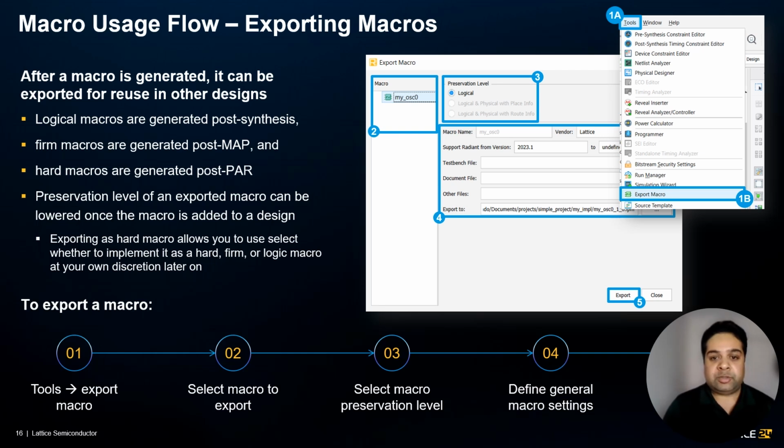Here, you need to choose the macro that you want to export. You should also decide on the preservation level for the macros, and you need to set the general settings for the macro. And finally, you need to export the macro. All the information regarding the macro and creating and exporting macros can be found using the Radiant help document.